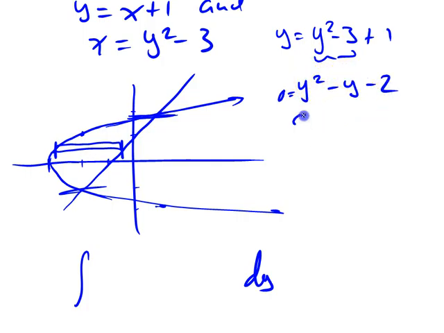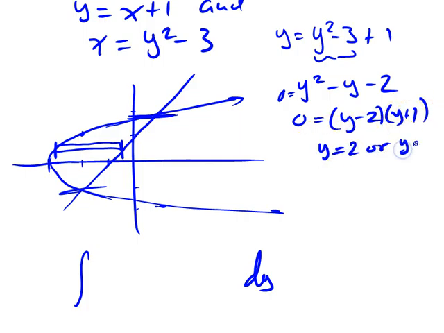And I think that factors: y and y, 2 and 1. Let's put a minus on the 2 and a plus on the 1. Yeah, so y equals 2, or y equals negative 1. So this is negative 1 where it starts, and up here where it crosses is right there, positive 2.